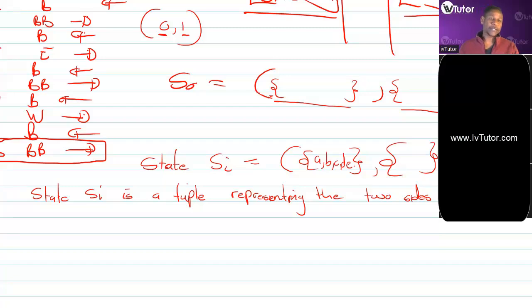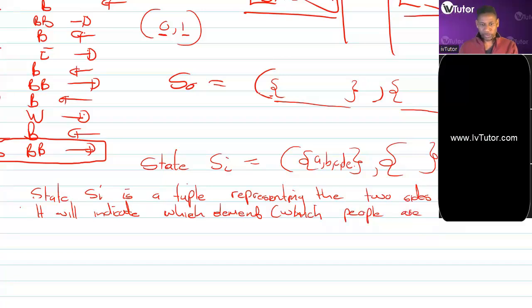It will indicate which elements, or in this case, which people, are on which side of the river.